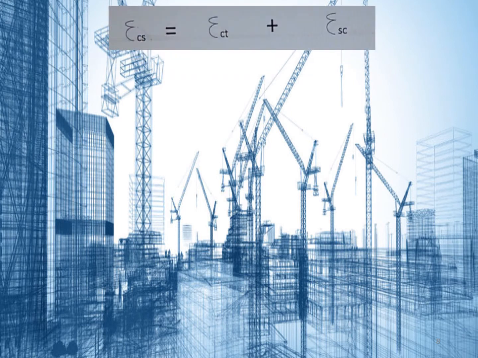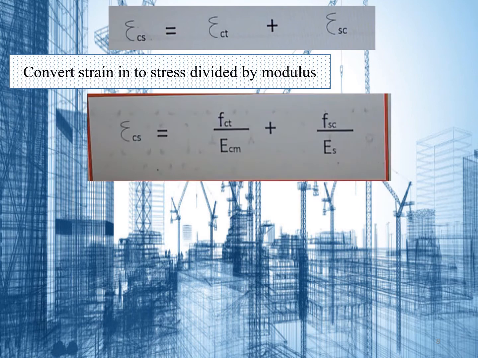By using the figure, now we can create the equation. Epsilon CS is between epsilon CT and epsilon SC. Epsilon CS equal to epsilon CT plus epsilon SC. Then convert strain into stress divided by modulus.